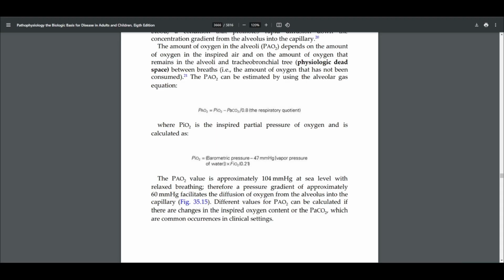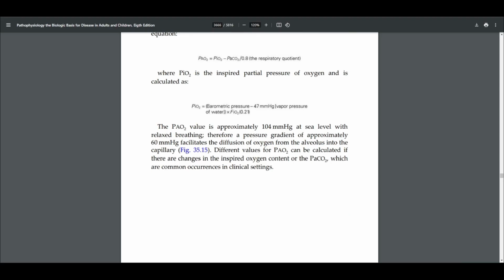The PAO2 can be estimated by using the alveolar gas equation. So your PAO2 equals your PiO2 minus your PaCO2 divided by 0.8, your respiratory quotient, where PiO2 is the inspired partial pressure of oxygen, which can be calculated by your barometric pressure minus the 47 mmHg of water vapor pressure, times your FiO2.